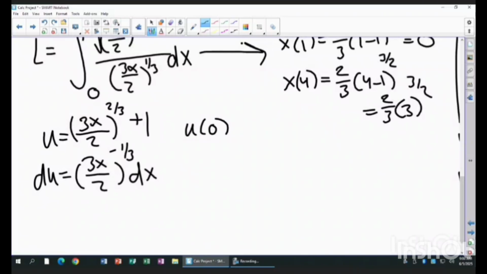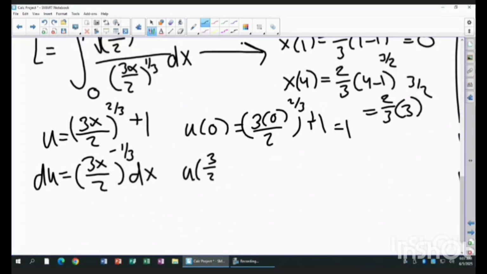U of 0 equals U of 0 times U over 2, 2/3 plus 1 is 1. U of 2/3 plus 1.